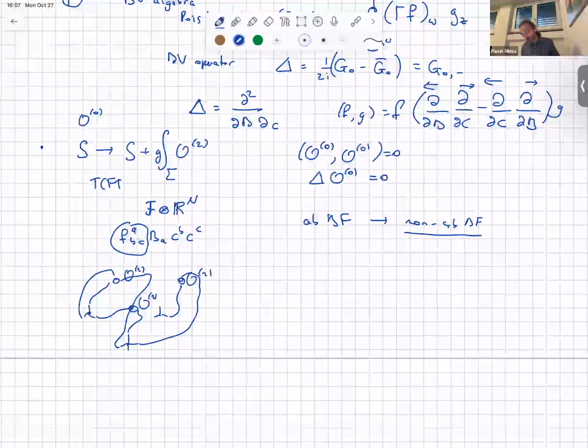Such integrals are non-trivial to compute. They give rise to logarithms, dilogarithms, polylogarithms. Typical answers for correlators look like polylogarithms. And also you can calculate OPEs, but they also contain logarithms.